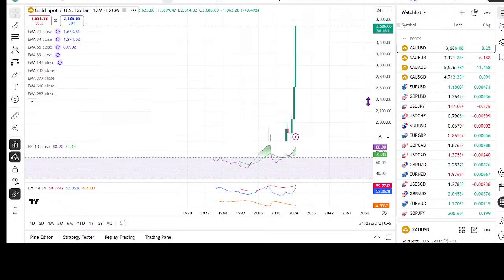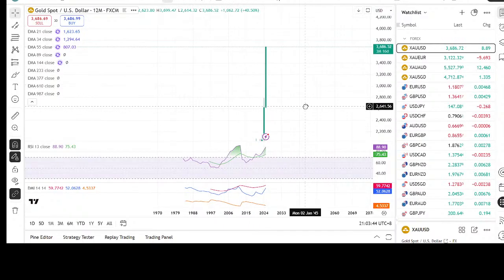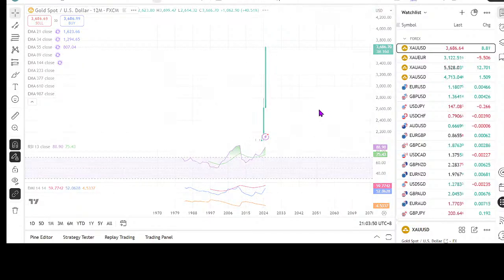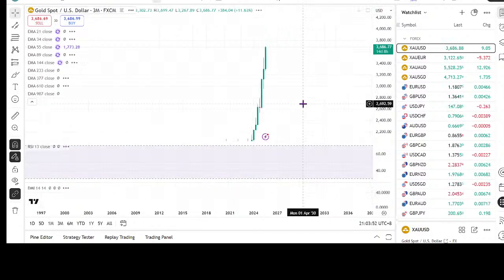If you see, it's all the way up from 2,600. It opened in January, and right now it is 3,600. So we have seen about 1,000 points up without any major correction.